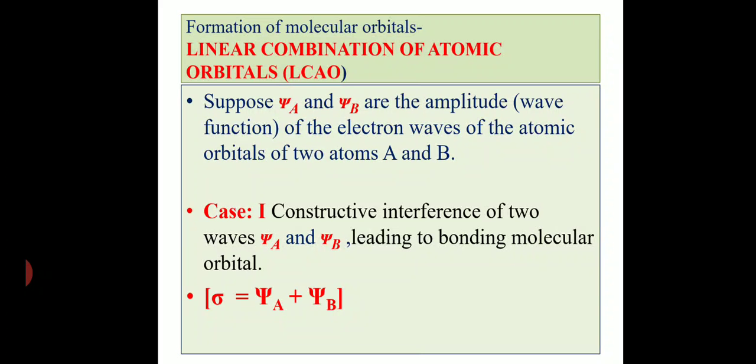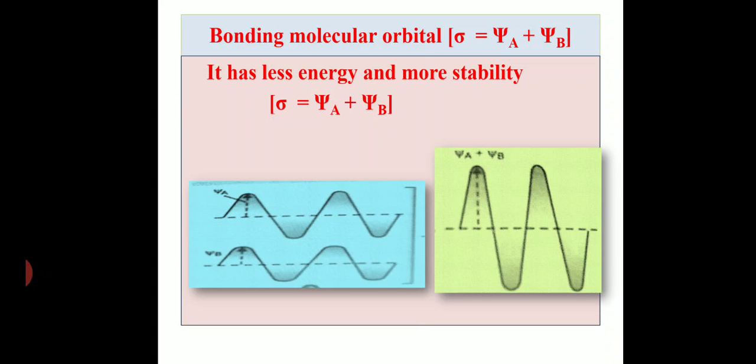So constructive interference of the two waves, psi A and psi B, leads to the bonding molecular orbital, that means addition of waves. The bonding molecular orbital is formed when the crest of one wave combines with the crest of the other wave, resulting in a larger wave, psi A plus psi B. It is known as the bonding molecular orbital.